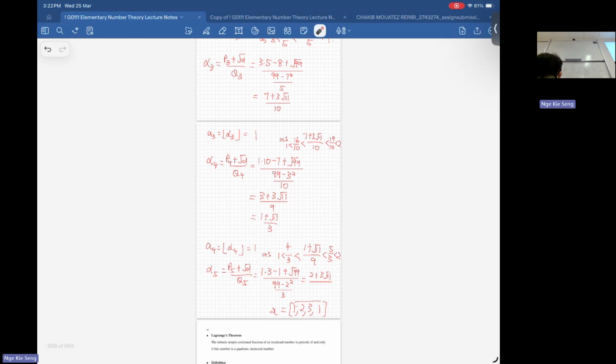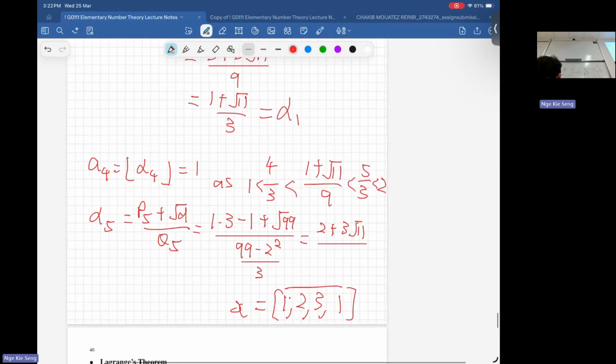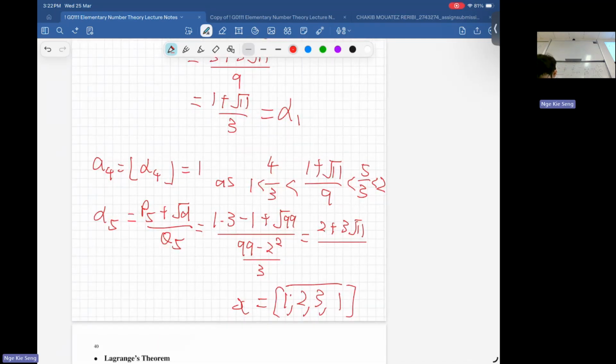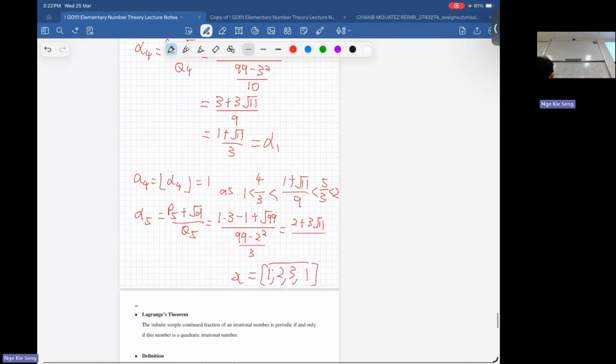Wait, okay, so this is equal to alpha 1, good. But then if I continue, I should get alpha 2, right? Why am I not getting alpha 2?